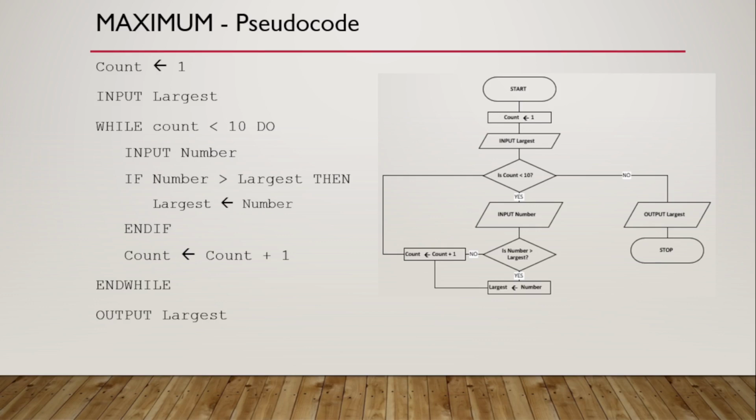So since our current input is greater than the largest, that means it has to become the largest by assigning that input to the largest variable. And we end if. Always remember to do this.